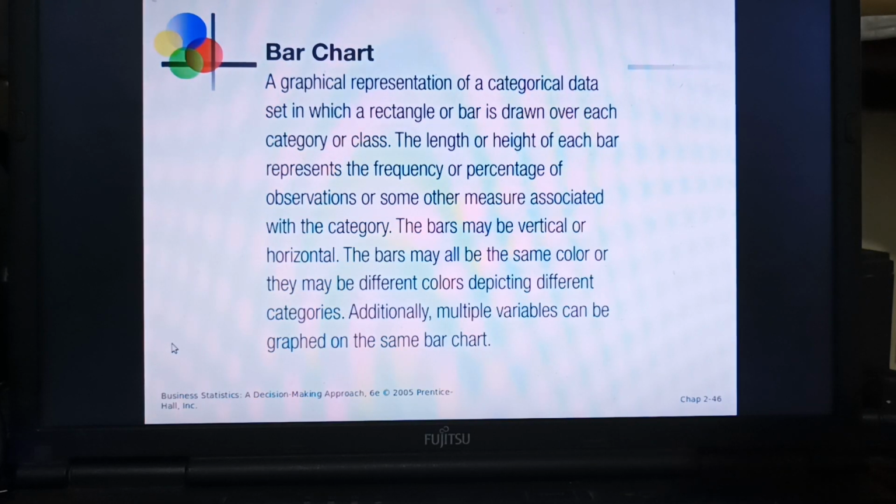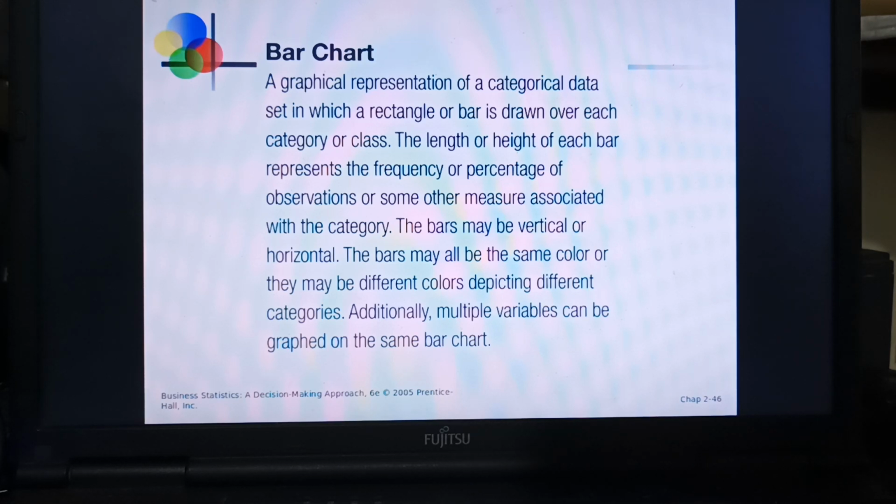Now let's go to bar chart. What's a bar chart? A bar chart is a graphical representation of a categorical data set in which a rectangle or bar is drawn over each category or class. The length or height of each bar represents the frequency or percentage of observations or some other measure associated with the category.